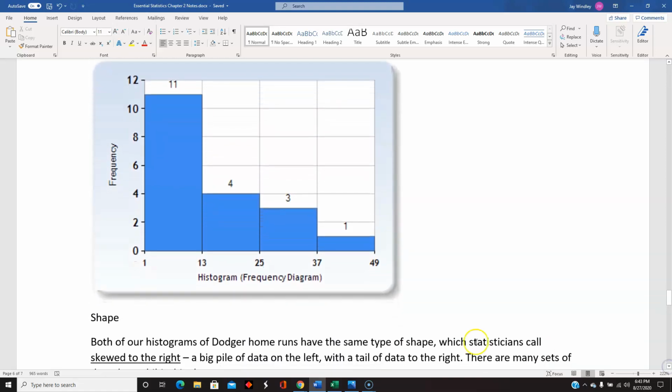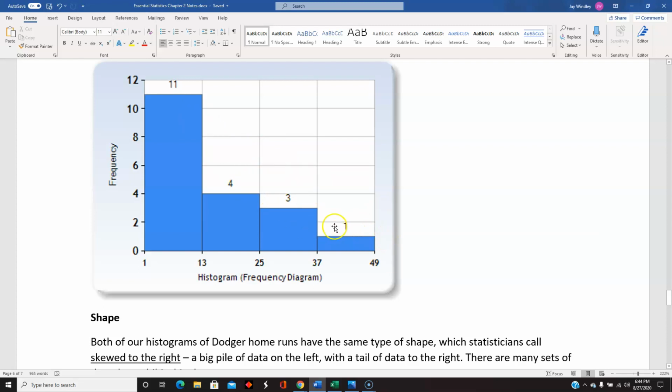Okay, now with histograms and dot plots, we get to talk about the topic of shape. Both of these histograms of Dodger home runs have a similar shape, which statisticians call skewed to the right. So there's a big pile of data on the left and a tail going to the right. This is the sharp end of the graph, or the pointy end of the graph, or the skewer end of the graph.